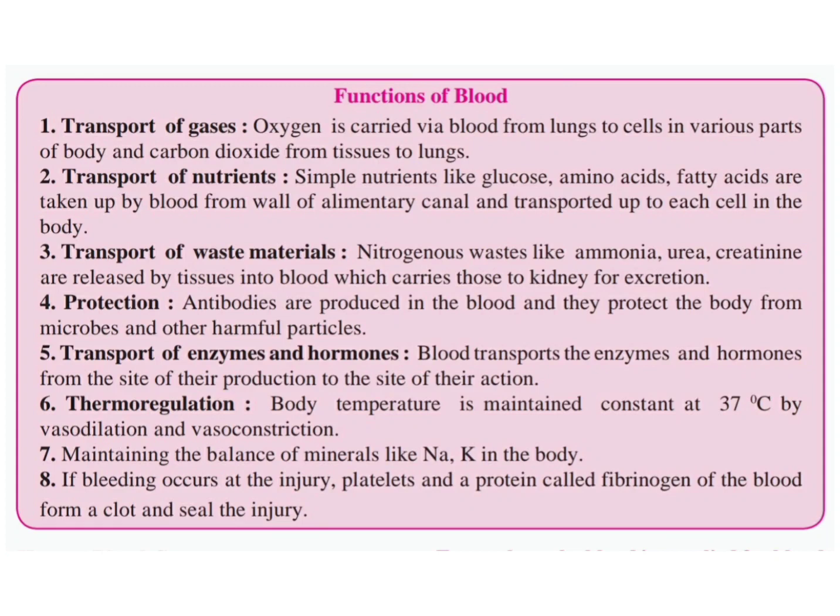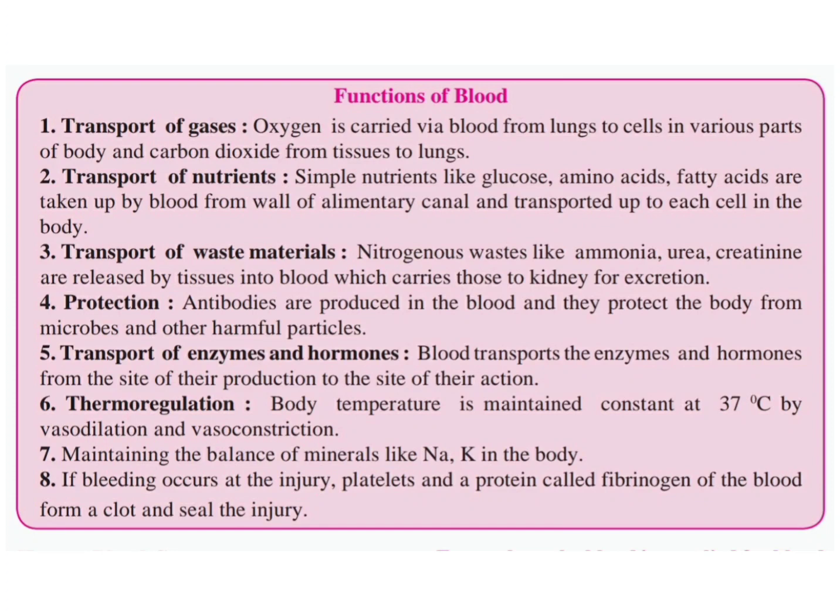Sixth, thermoregulation. Our body temperature is maintained at a constant normal of 37 degrees Celsius with the help of blood, and this is happening because of two processes, which is vasodilation and vasoconstriction. Seventh, maintaining the balance of the important minerals like sodium, potassium and calcium in the body.